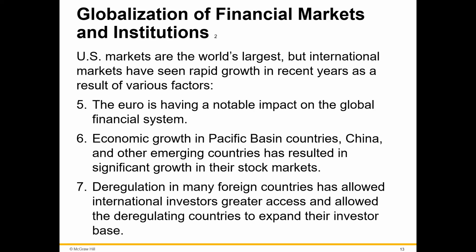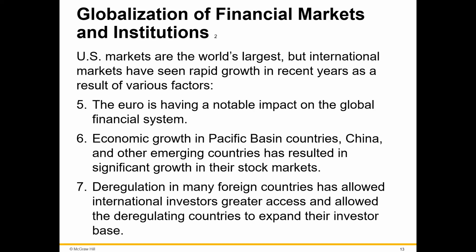So as the European Union has developed, the euro has had more and more impact as a world currency. Economic growth in Pacific Basin countries, China, and other emerging countries has resulted in significant growth in their stock markets. Yeah, the whole Asian region, there's been a lot of development there. China, an obvious one, everybody hears about in the news all the time, but they're not the only ones. They're just the biggest one.